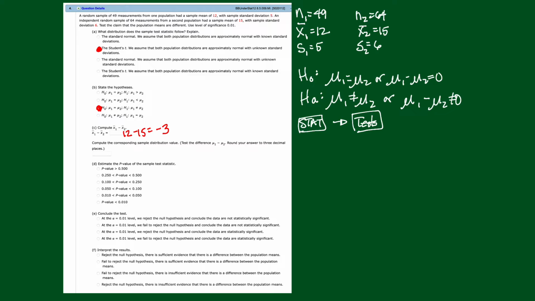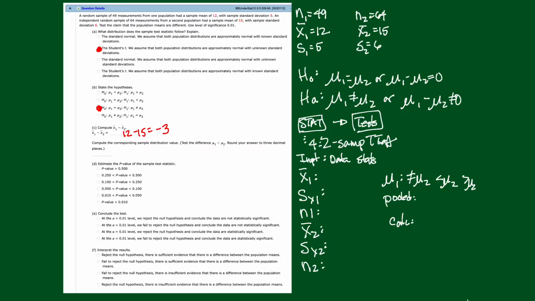Number 1 is a z test, 2 is a t-test, 3 is a two-sample z-test, number 4 is what we're looking for, two-sample t-test. So go down to 4, select 4, which is a two-sample t-test.